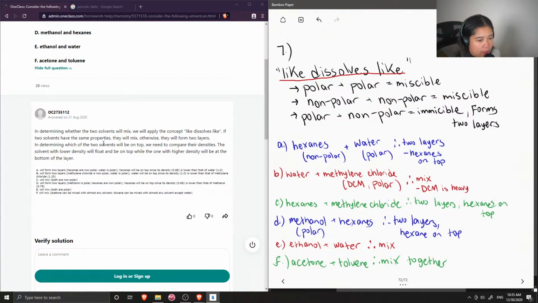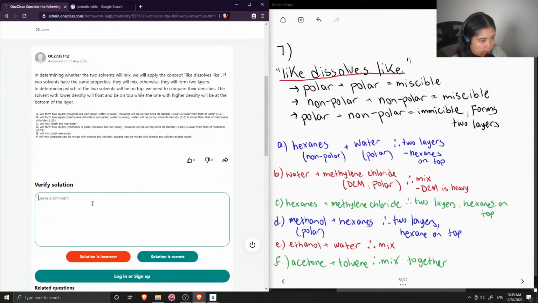B, they said will form two layers. I'm just going to add a note that this explanation is correct.